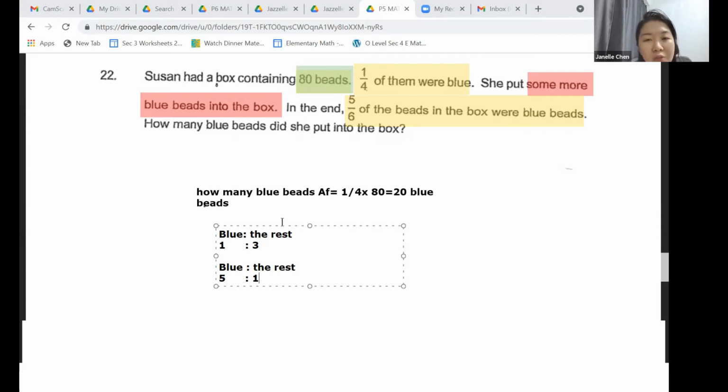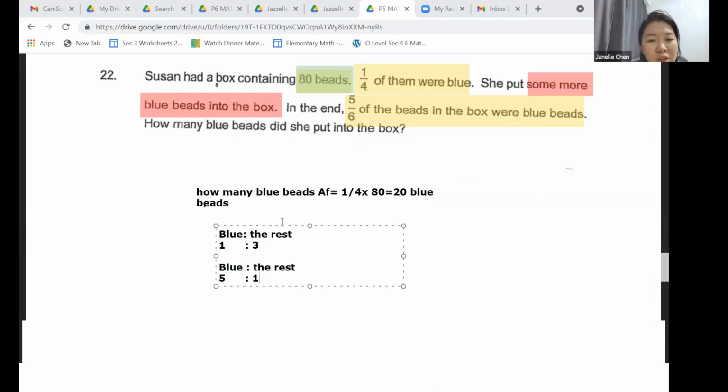The constant can be, for example in this question, the blue beads, or the rest are the same, or the total is unchanged, or the difference is unchanged. There's only one thing that is unchanged. If for a question you really cannot find anything unchanged, it means that you are going to do part and unit.